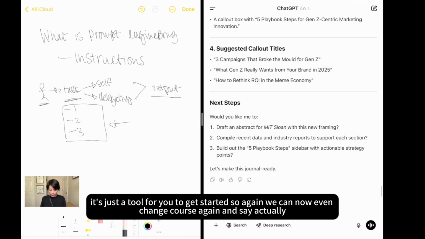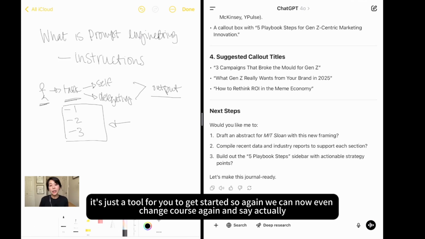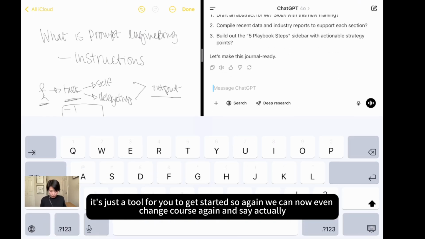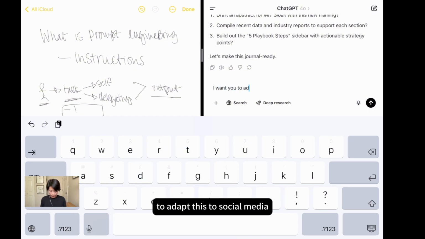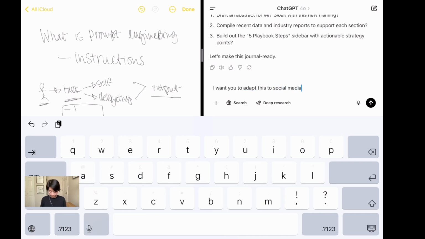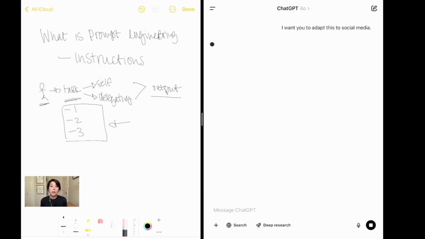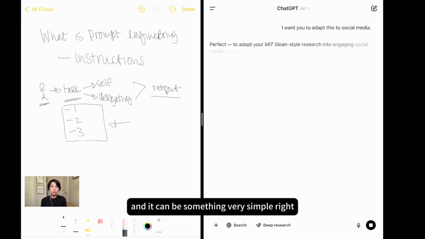So again, we can now even change course again and say, actually, I want you to adapt this to social media. And it can be something very simple, right?